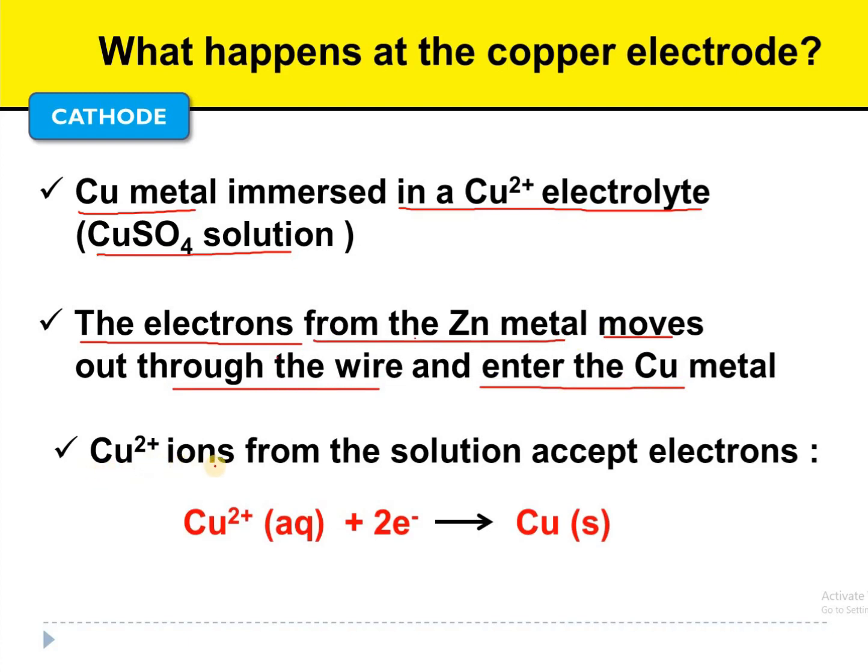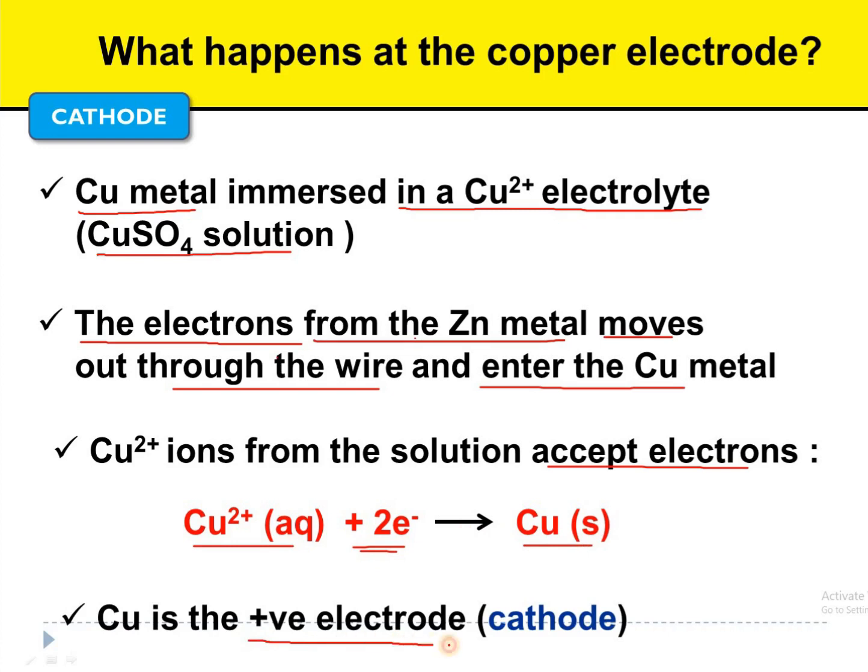At the cathode, copper 2+ ion from the solution accepts electrons. This is the half reaction: copper 2+ aqueous accepts electrons to become copper solid.